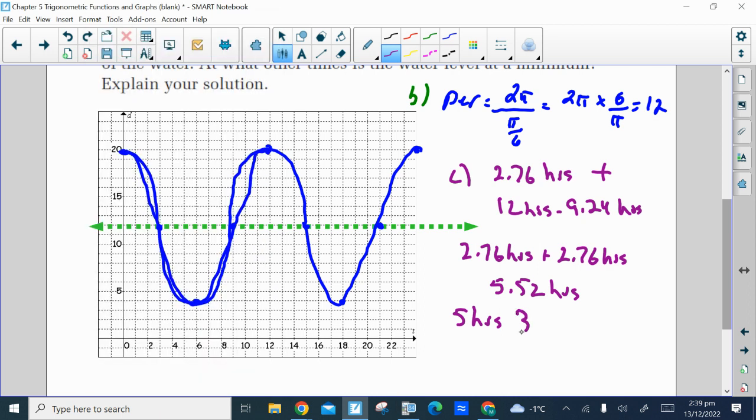So 5 hours, 31 minutes is how much time per cycle the ocean liner can safely dock. That doesn't mean it can stay there the whole time, because between 2.76 and 9.24 hours, the water is not going to be deep enough for that boat to stay in there. So it's going to have to get out.